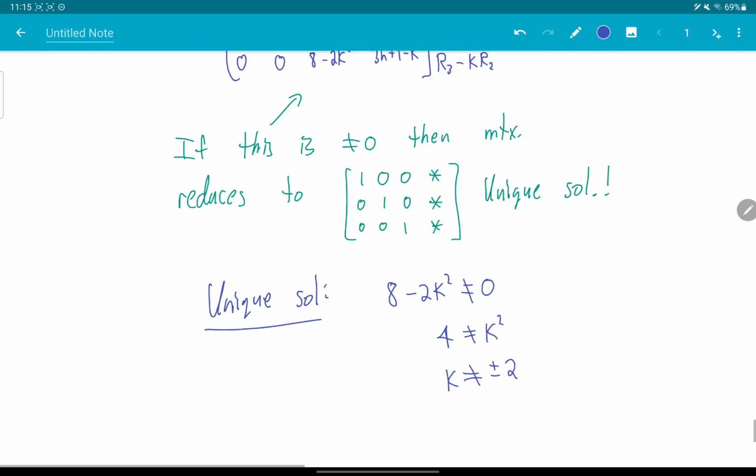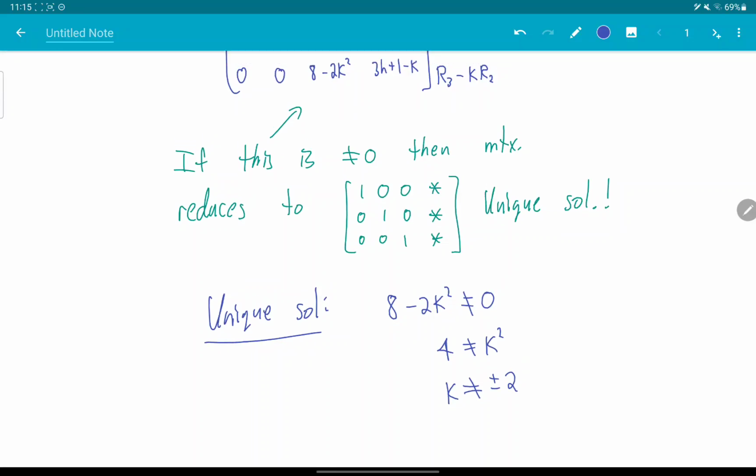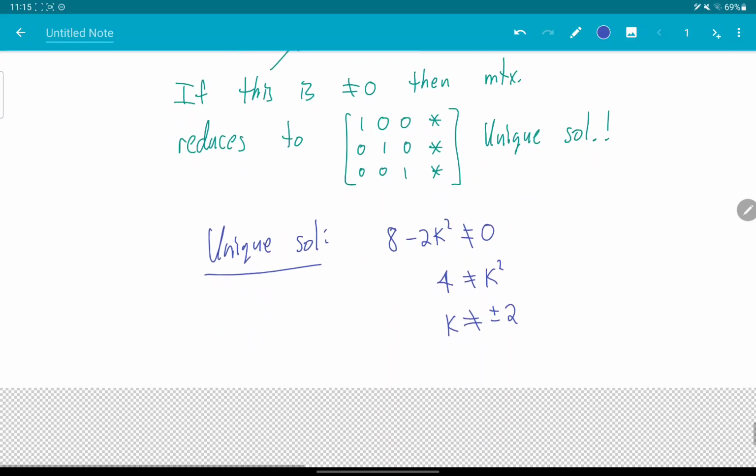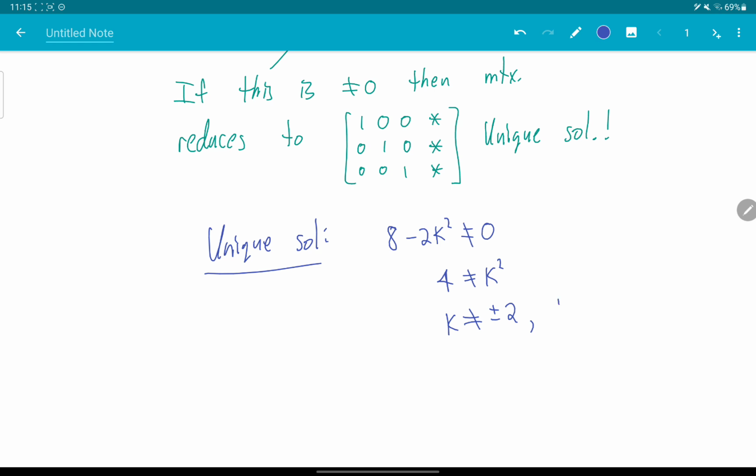That's for unique solution. Notice that h does not come into it at all. Doesn't matter what h is. So we can say h is any real number. So in English we'd say h is any real number, k is not equal to plus or minus 2. But in math we would write that like this: h is any real number. So that's my answer for unique solution.